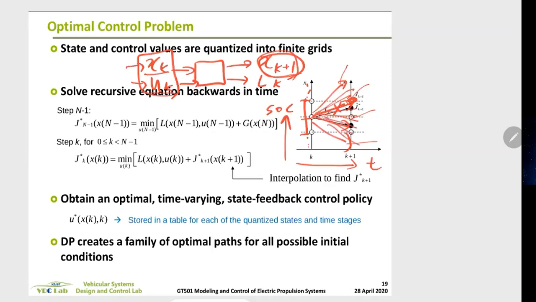Because it's a continuous time and state problem. It doesn't necessarily fall on one of the discretized X. Are you guys following? Any questions?